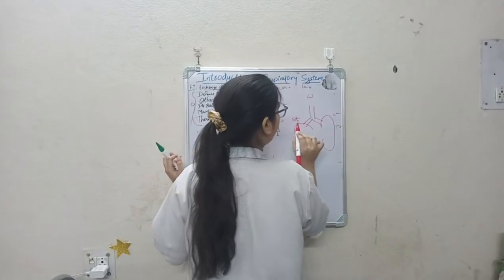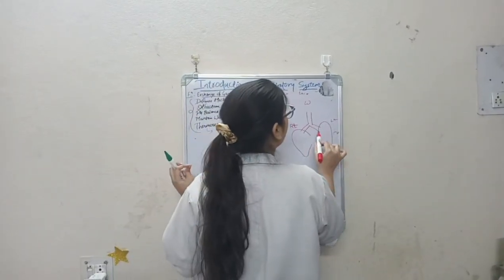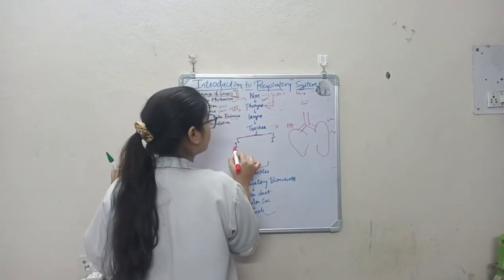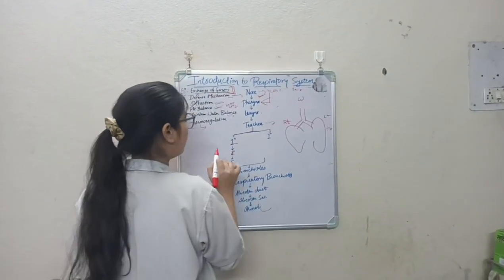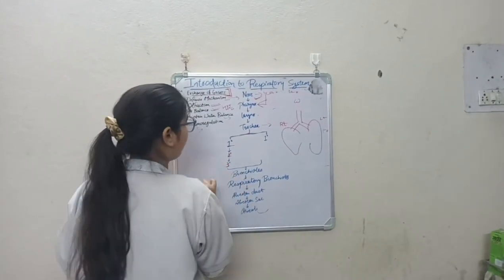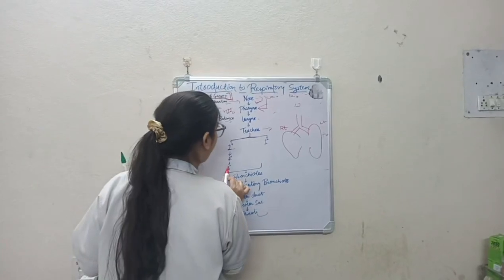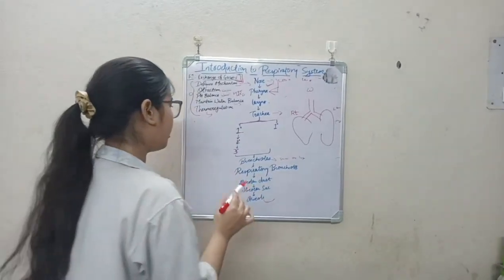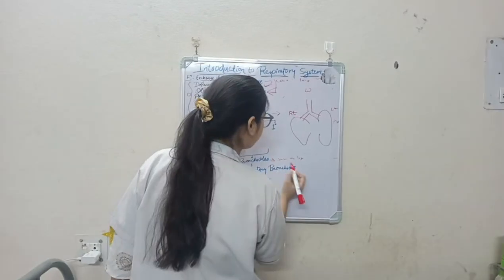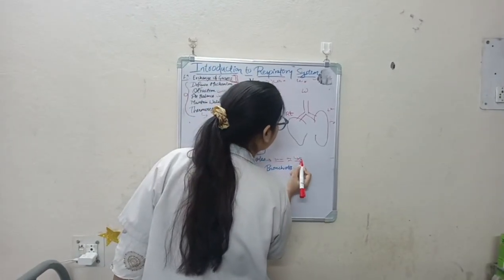And after entering into the lungs, it will divide into the secondary bronchi and then tertiary bronchi, and then it will again divide up to the bronchioles. Bronchioles have a diameter of 1 mm or less.